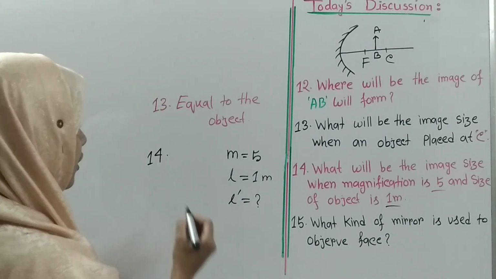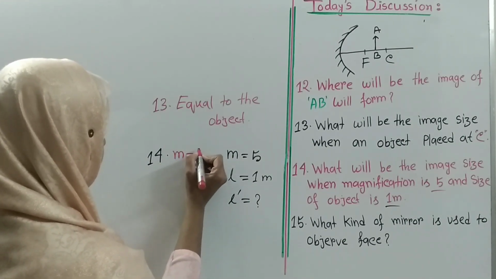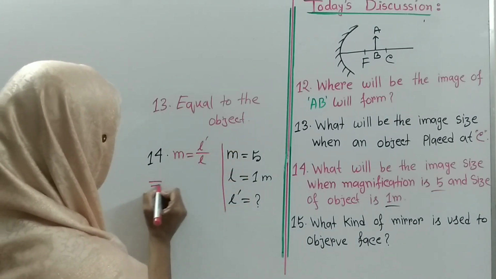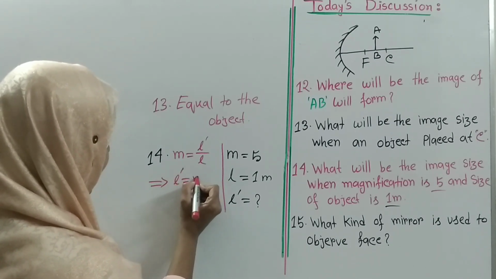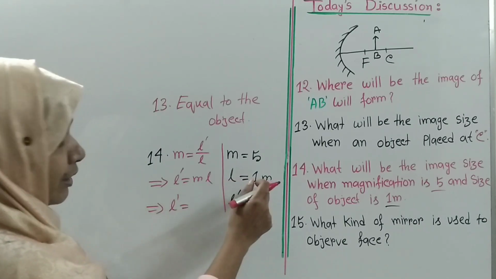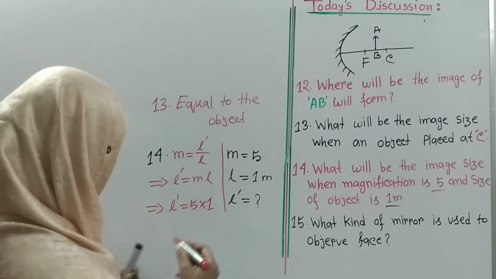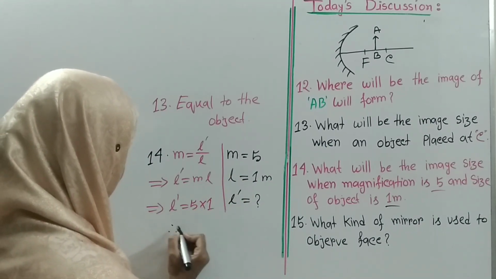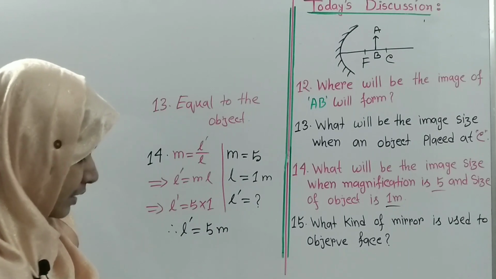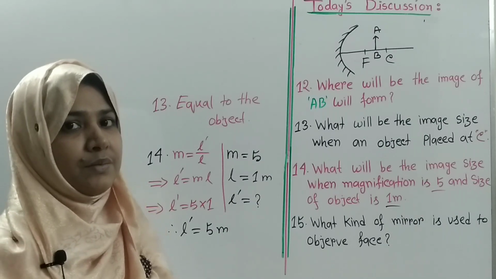You know that the formula to calculate magnification is m is equal to L prime by L. So, L prime is equal to m L. The value of m is 5 and the value of L is 1. So, we can say that the size of image will be 5 meter. That means the image will be magnified 5 times than the object.